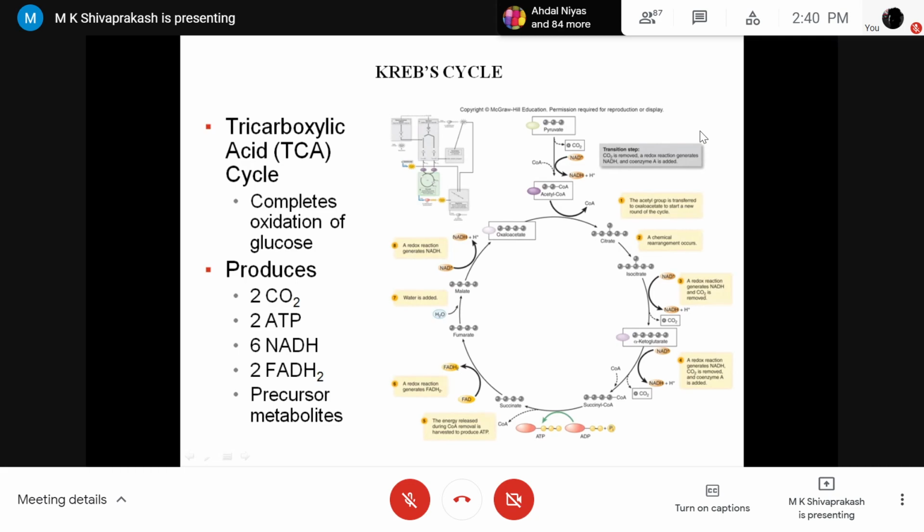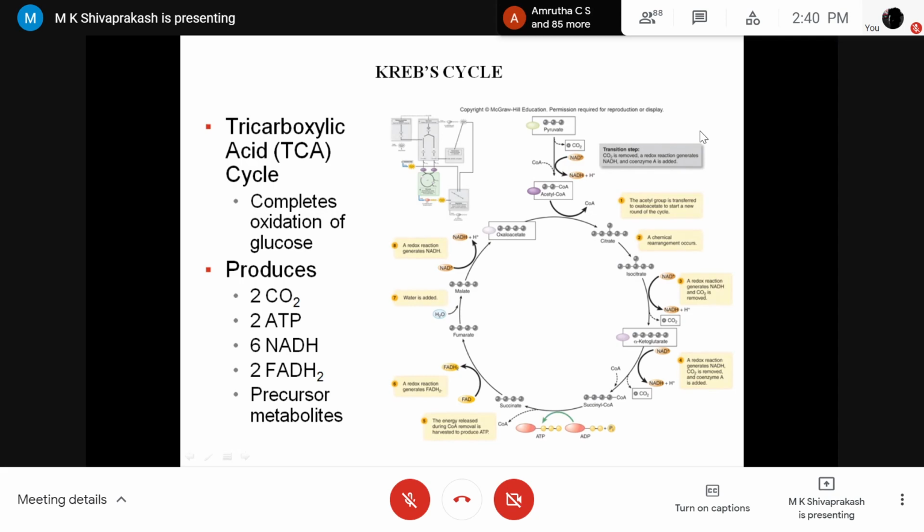The intermediates of the TCA cycle are made use of as raw materials for the biosynthesis of various things, amino acids, nucleic acids, fatty acids and so on. They are diverted to produce these, especially oxaloacetic acid and such things.